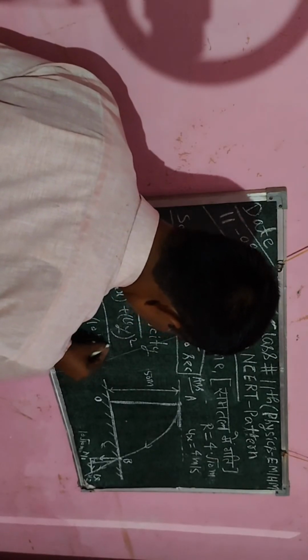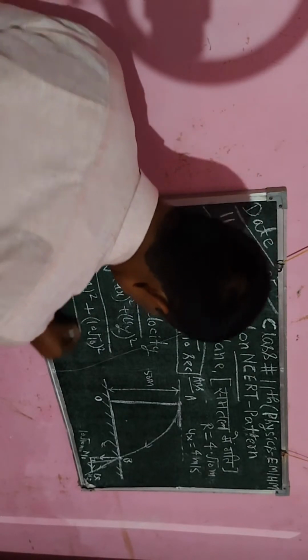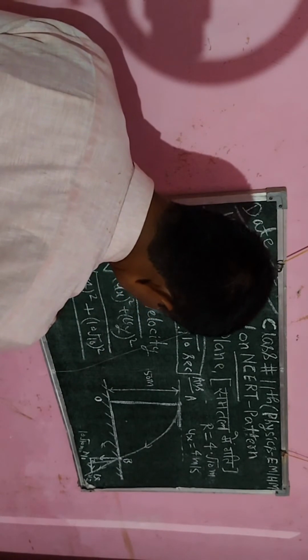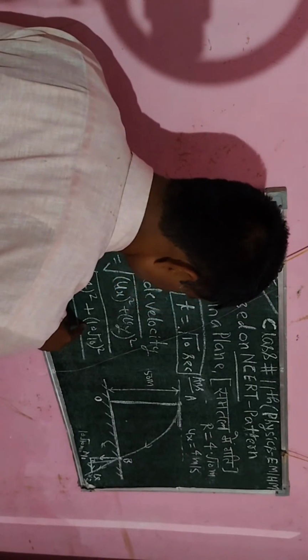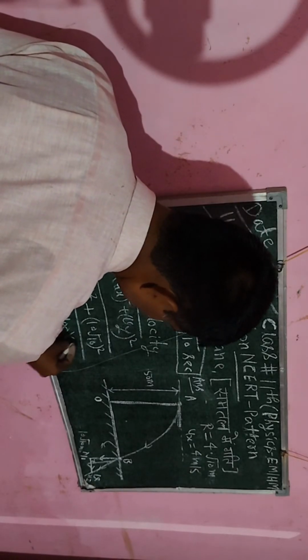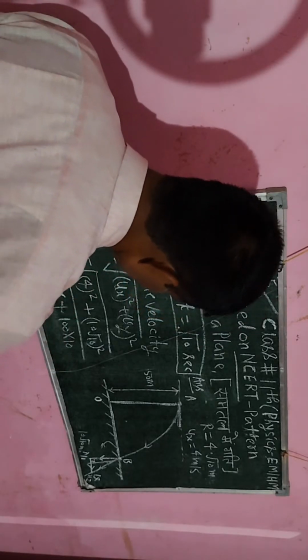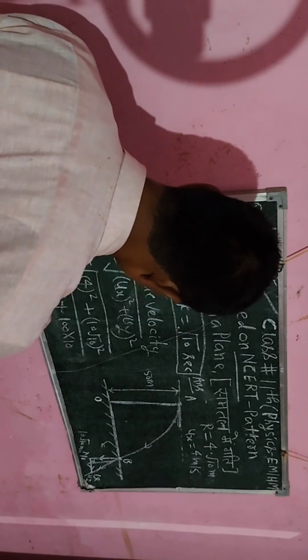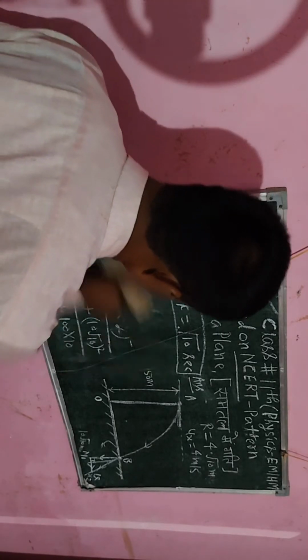Then I will take this square. So it will be 16 plus 10 into 10, that will be 100, and then I will say this will be 10. After simplifying, I will erase the above data.